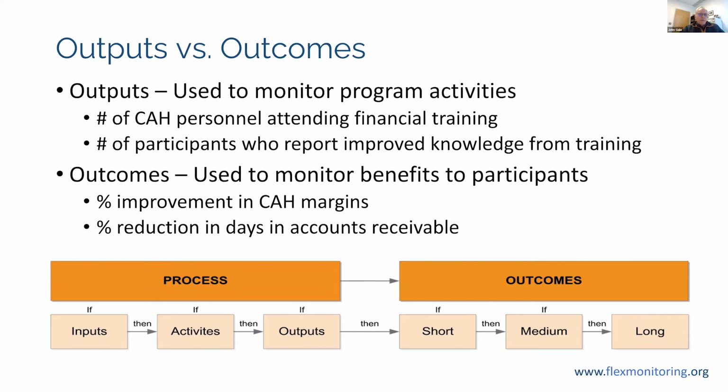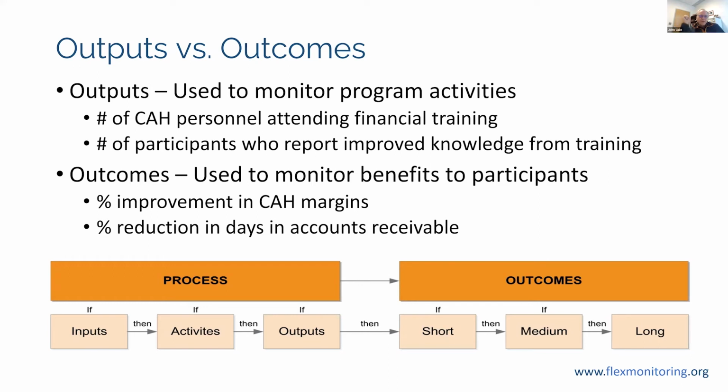So we have outputs versus outcomes. Again, we've talked a little bit about this. You may have seen this slide before. So you're monitoring program activities and participation and engagement through outputs, the number of CH personnel who are attending a financial training, and the number of participants who report improved knowledge. And the outcomes, they monitor the benefits.